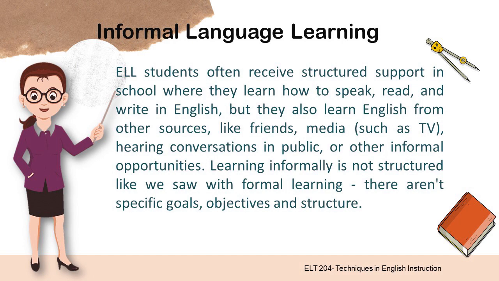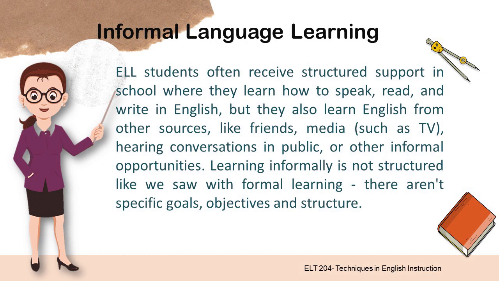So, next, let's talk about informal language learning. When we say formal, of course, it is being done with formal instruction, formal settings, and normally in the classroom. However, when we say informal language learning, it is being done sometimes at home, or in other places.